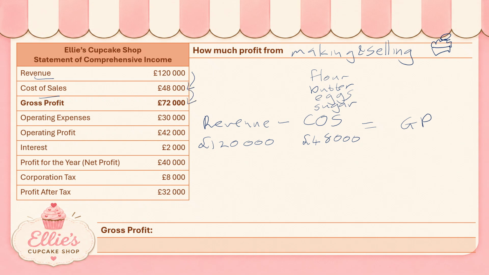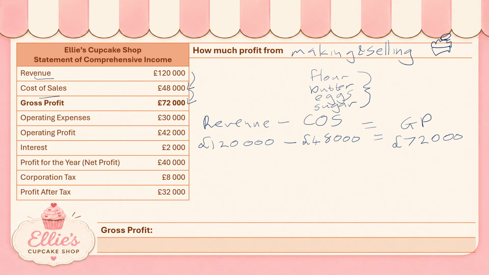And that means after paying for all the ingredients that she needed to make her cupcakes, Ellie has £72,000 remaining. That's her gross profit. So revenue take away cost of sales equals her gross profit. But Ellie didn't actually make 72,000. She still has other bills to pay, like electricity and staff costs and things like that.